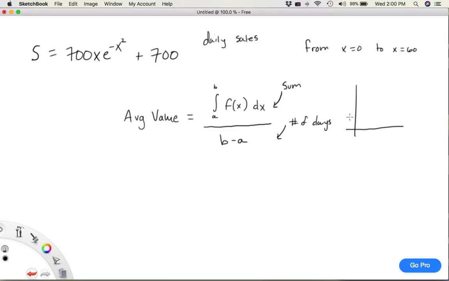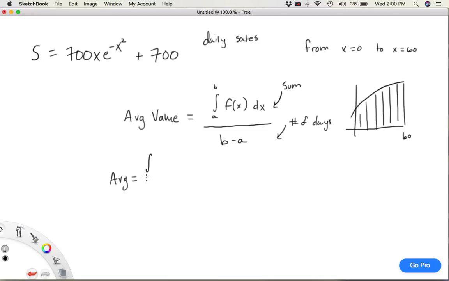So we're trying to add up the total sales for every single day between 0 and 60, and then we're dividing that over 60 days to find the average. Okay, anyways, let's go ahead and figure out how do we calculate this.